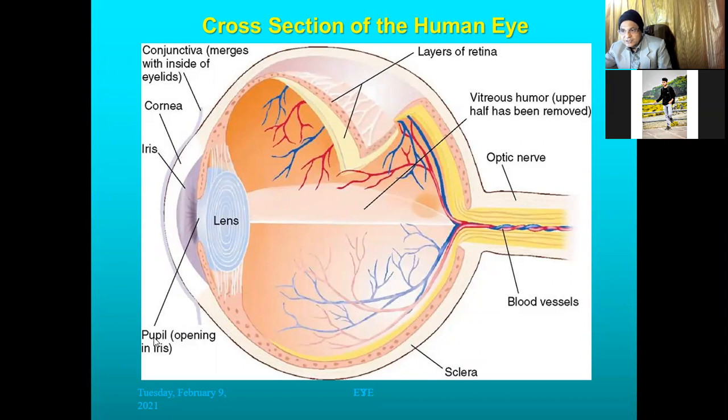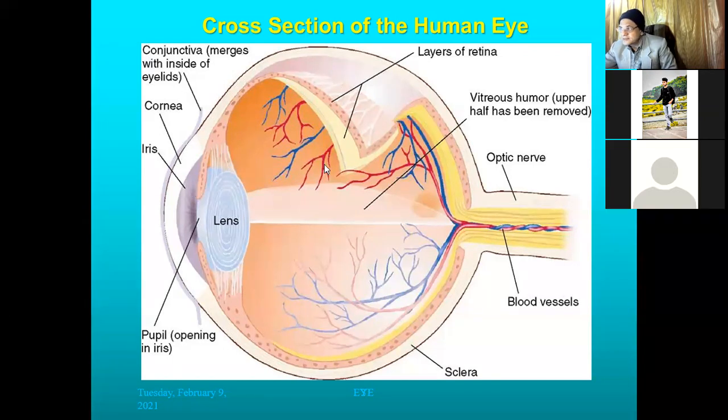First is the iris, and the other is the pupil, the opening of the iris. So the iris and pupil are two parts that are visualized outside. Inside, this part is the conjunctiva, merged with the inside of the eye, and from out to in there is a lens, which is the most important part of our eye.